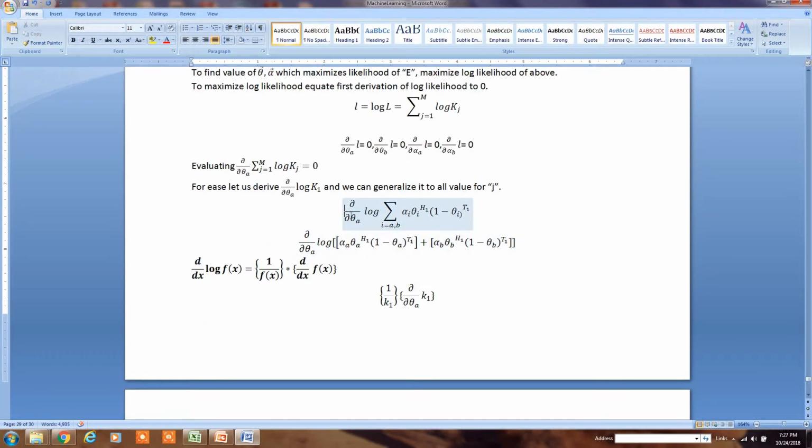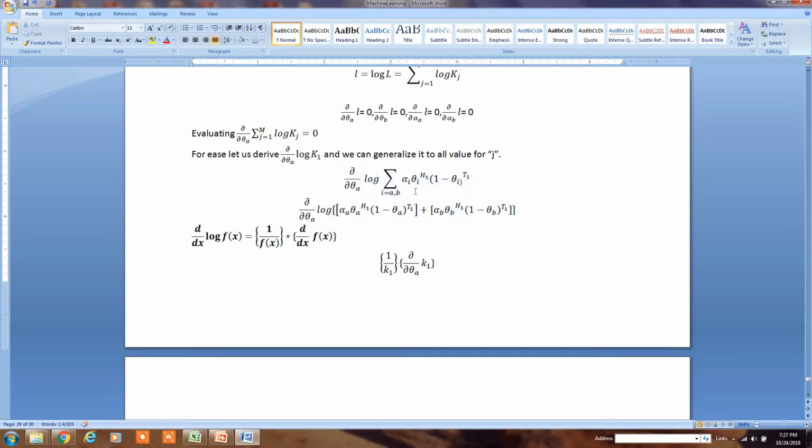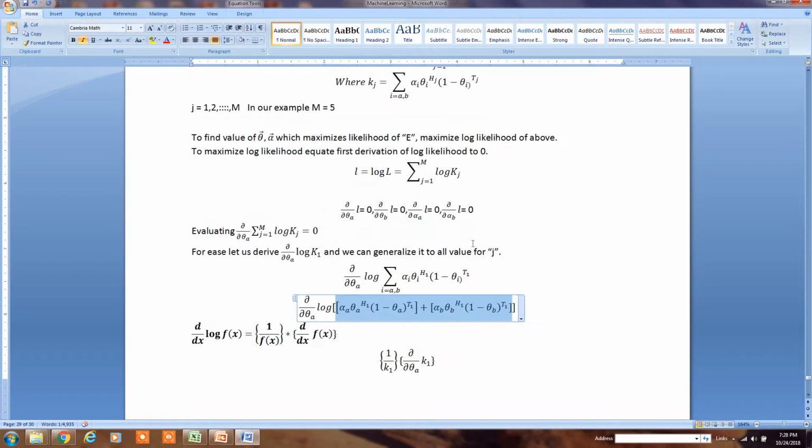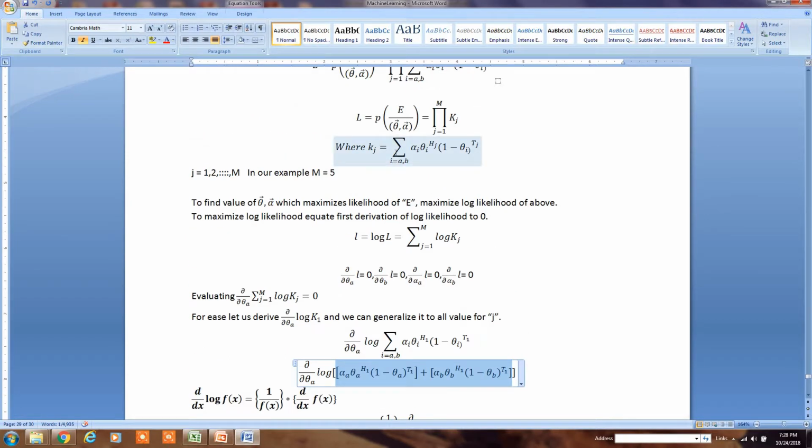So the task here is to find the partial derivative of the logarithm of this function. Now this can be expanded as, we are expanding the summation function, the logarithm of alpha A, the logarithm of this function. This is nothing else but K1. If we recall, this is K.